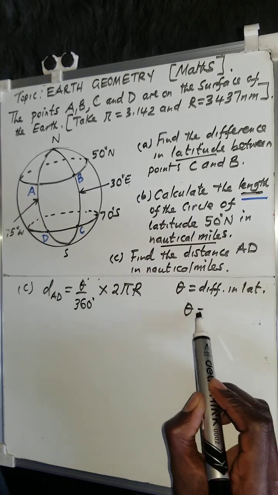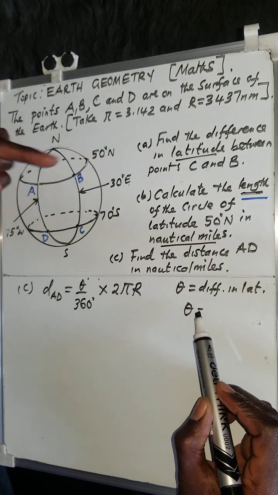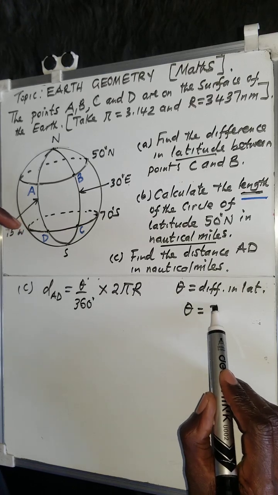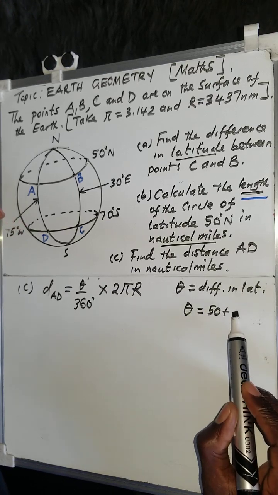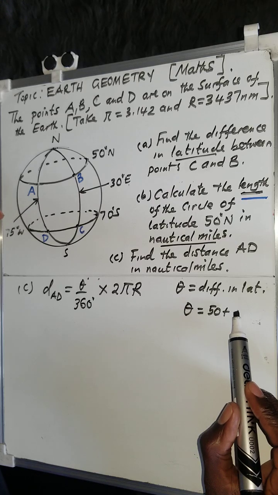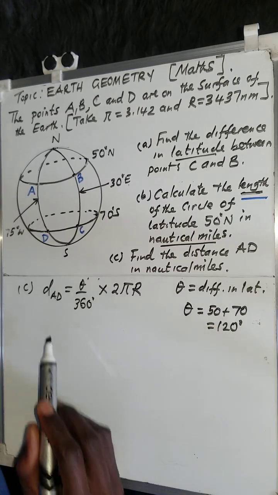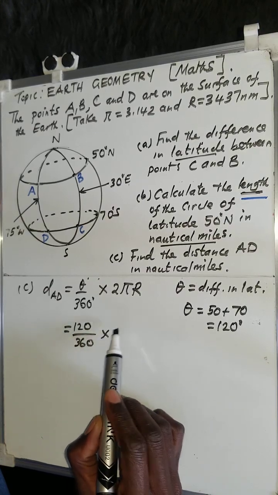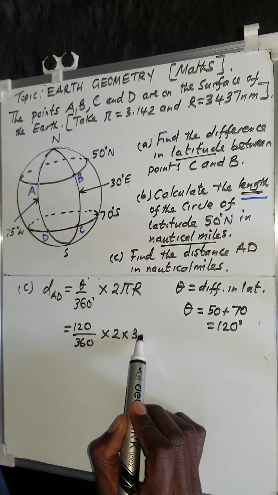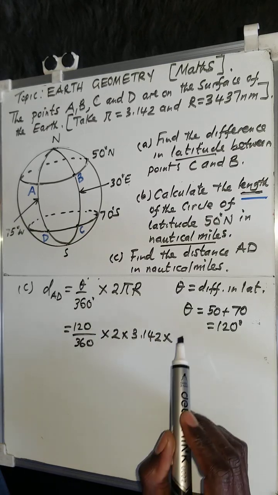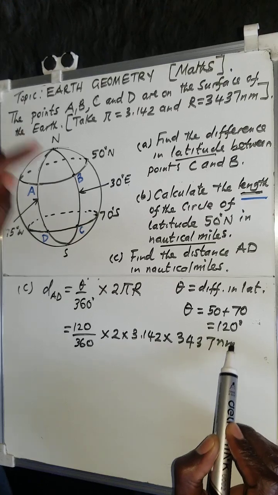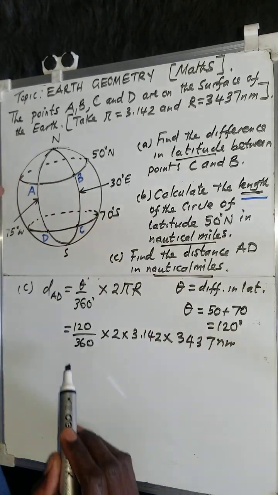So therefore theta, A is on the latitude 50 degrees north, D is on 70 degrees south. So therefore it will be 50 plus 70, which we got as 120. So we are going to say 120 over 360 multiplied by 2 times our pi, 3.142, times our radius. Remember, in nautical miles, 37, because they want us to give the distance in nautical miles.